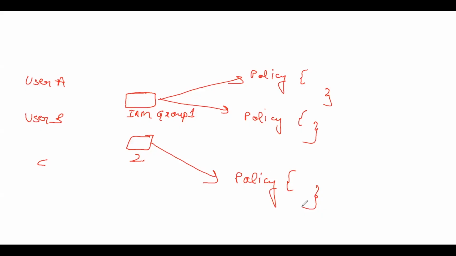So what I can do is I can associate, let's say, user B and C to this particular user group, and user A is part of this group. So this way we can associate IAM users with policies.